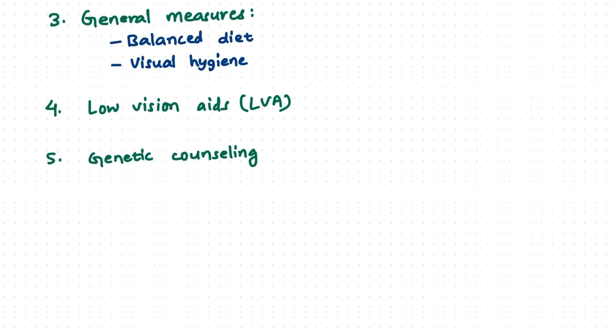And some low vision aids can also be used, especially for those with very high myopia. Genetic counseling can also be given, especially if both the parents are having pathological myopia. If that is the case, then the child is also more likely to have myopia of pathological type. So genetic counseling also becomes necessary.